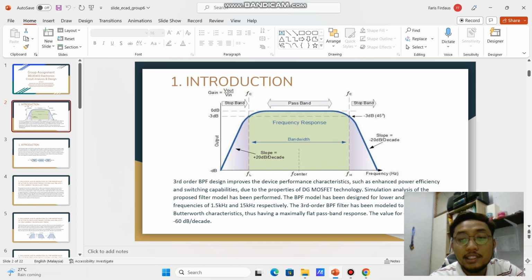The bandpass filter model has been designed for lower and upper cut-off frequency of 1.5 kHz and 15 kHz respectively. So the frequency values are given for each group. The third order bandpass filter has been modeled to have Butterworth characteristic, thus having a maximally flat pass band response. The value for gain of third order is negative 60 dB per decade.